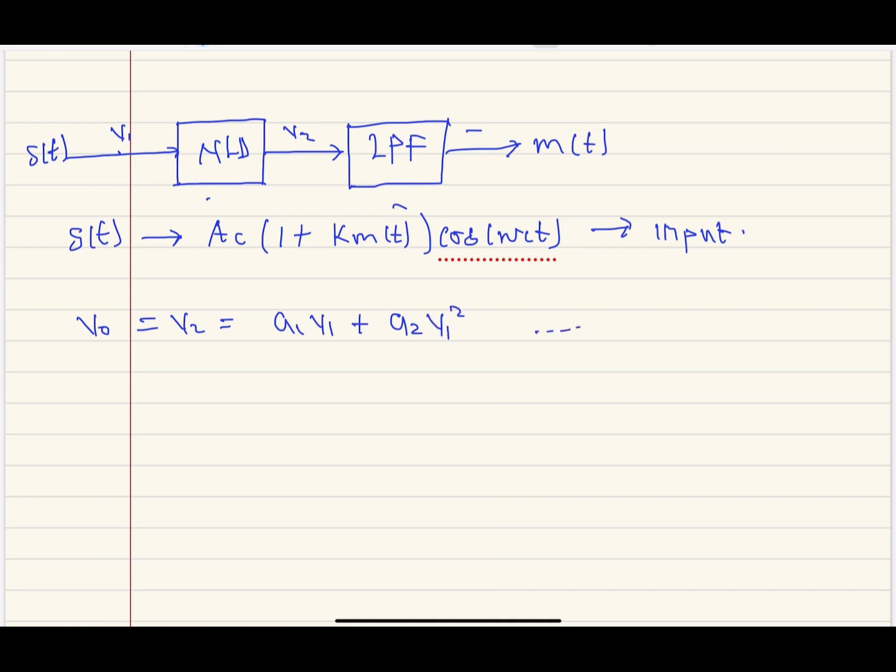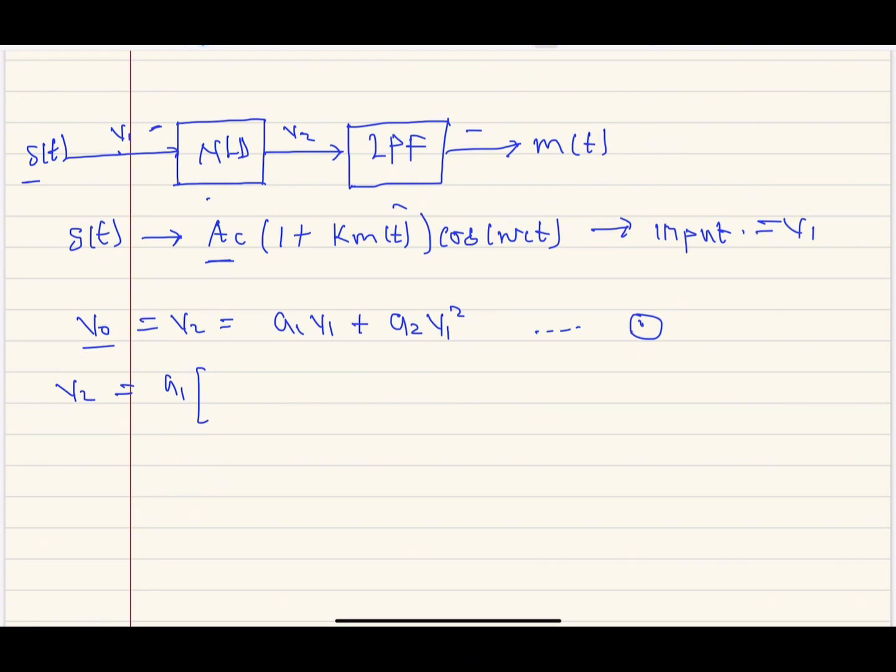Therefore, substituting our V1, which is the input and is equal to S of t, into this relationship, we are going to get V2, which is V out, equal to A1 multiplied by this S of t, and so on. But remember that A1 and A2 are both constants.